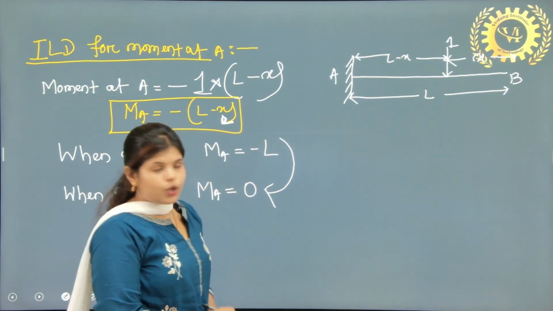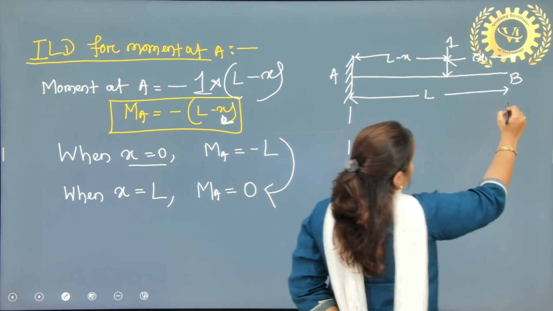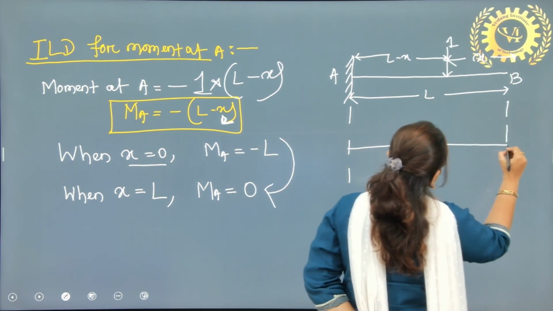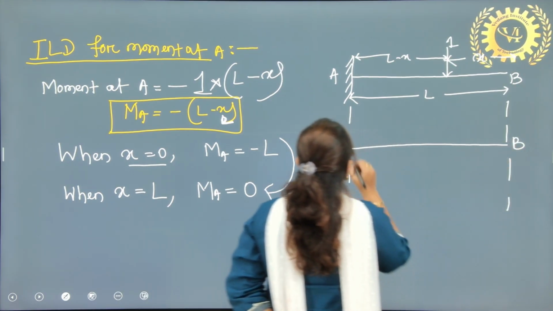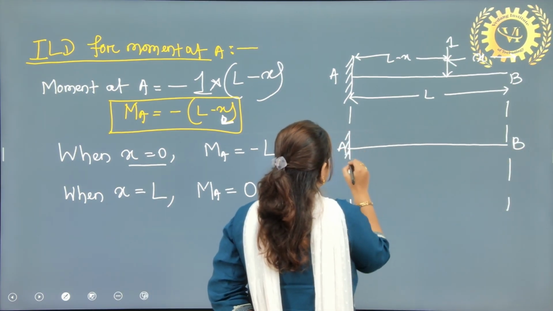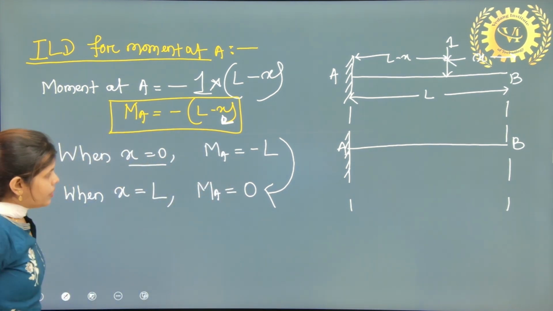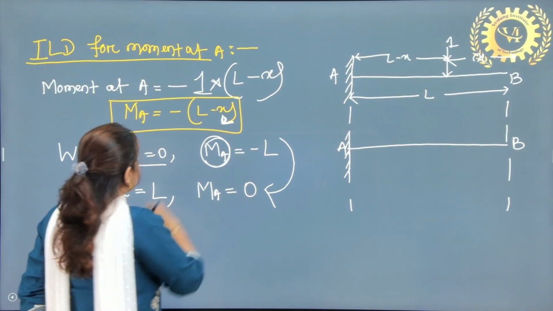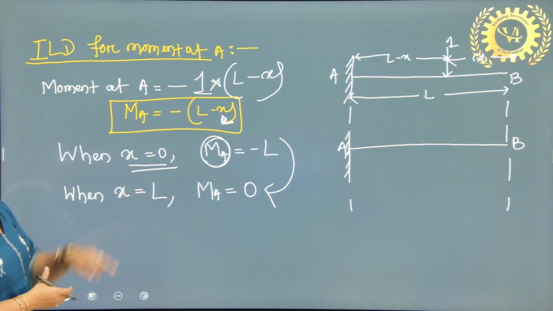Okay. So to draw the moment diagram, this is your A, B. Here you can see the moment at A, MA, is minus L when x equals 0.